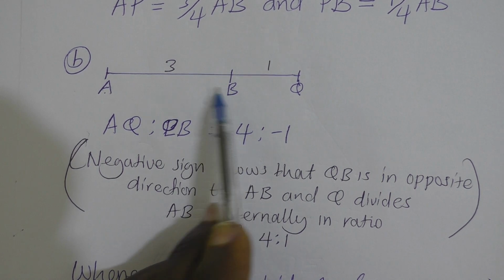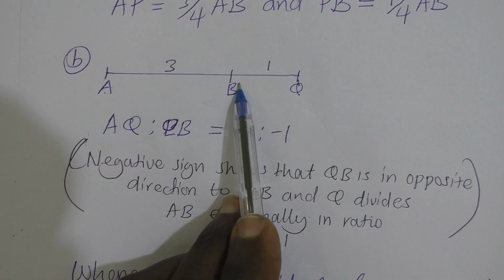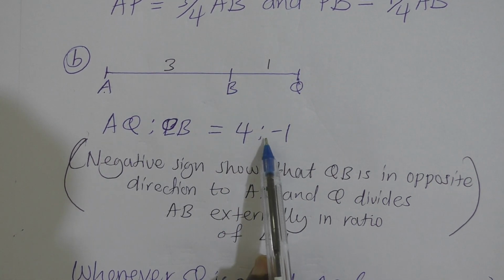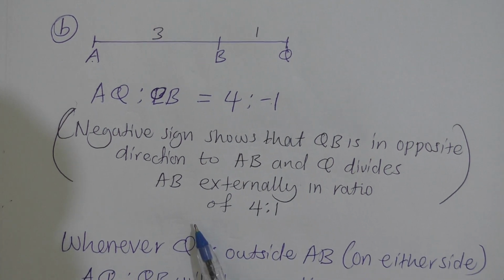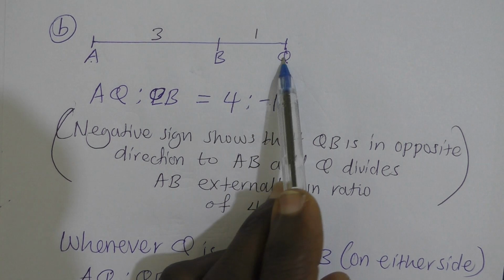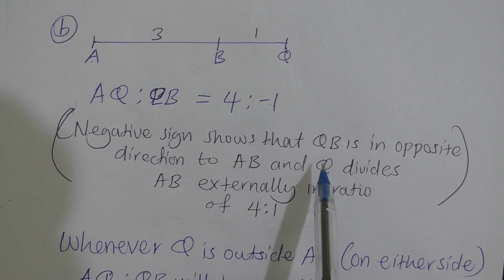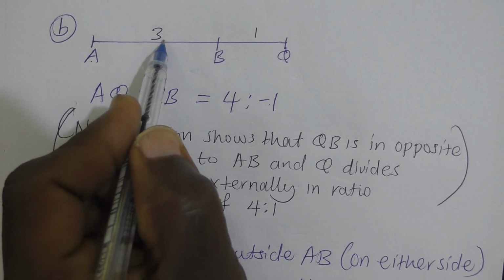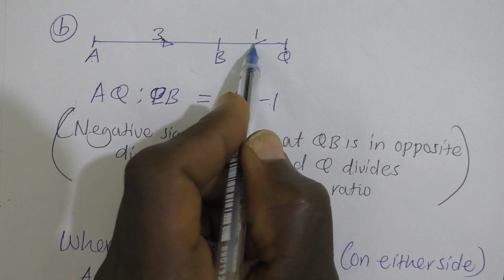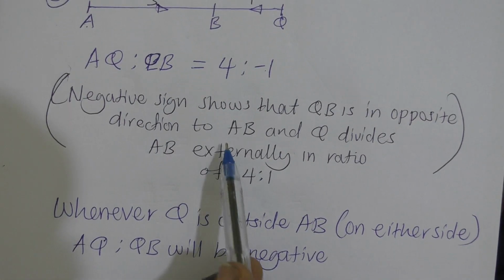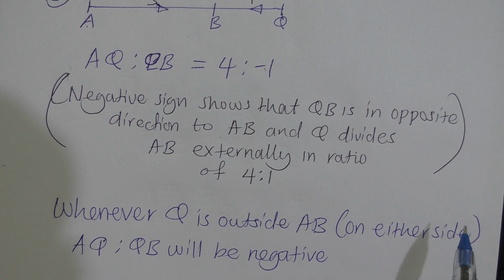So in case of a point that is outside AB, then we represent that ratio with a negative. The negative sign shows that QB is in opposite direction to AB, because we are originally moving from A to B, but in this case we are moving from Q to B. That's why we represent it with a negative sign.